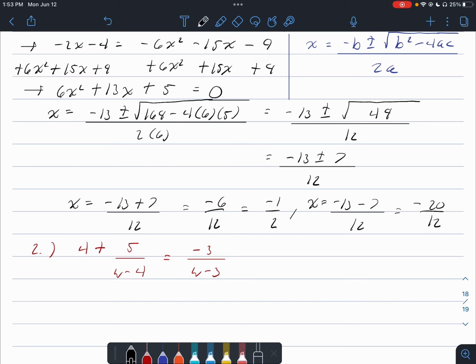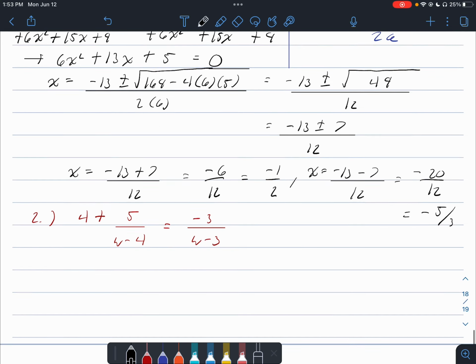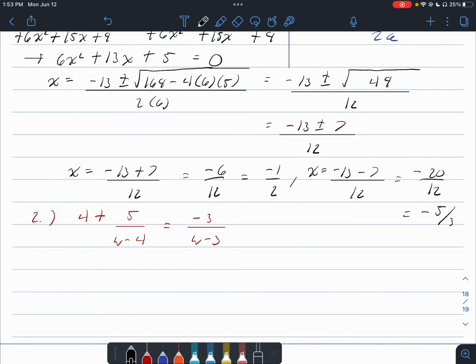Okay? And this would actually simplify to negative 5 over 3. So there we go. Our two solutions are x equals negative 1/2 or x equals negative 5/3.